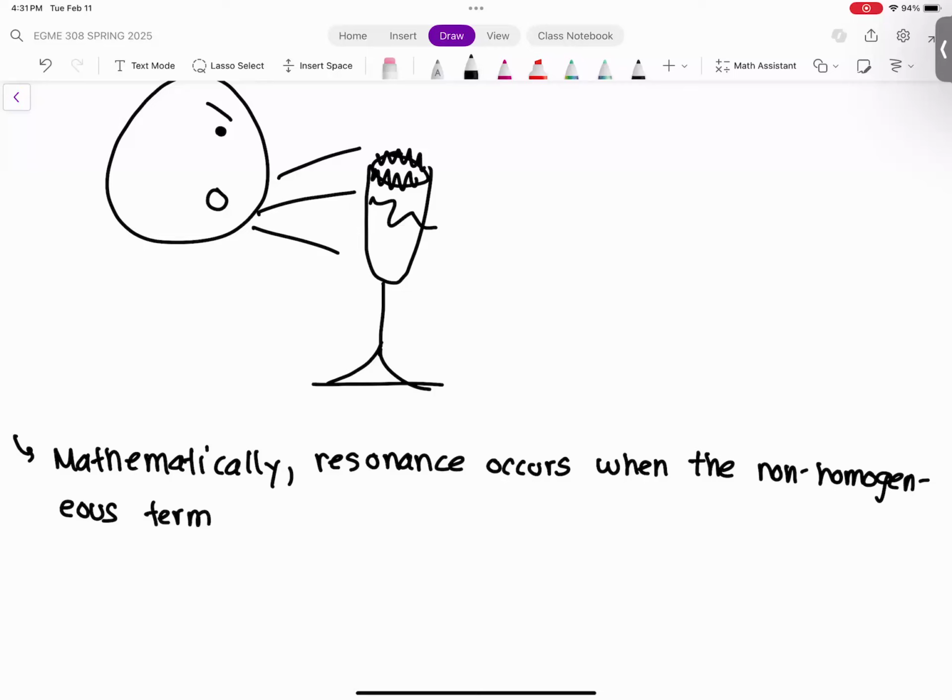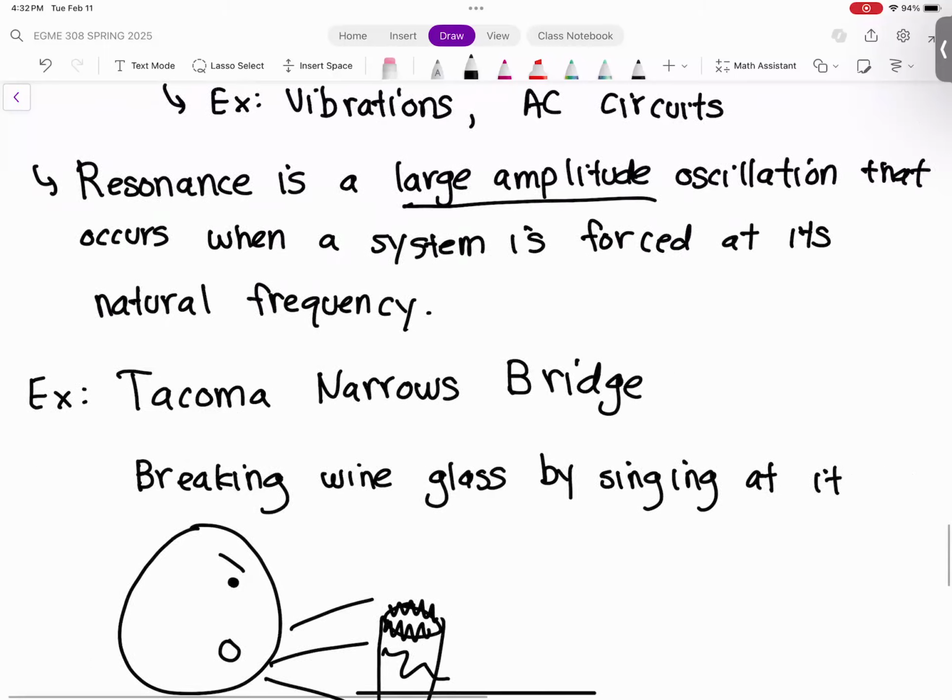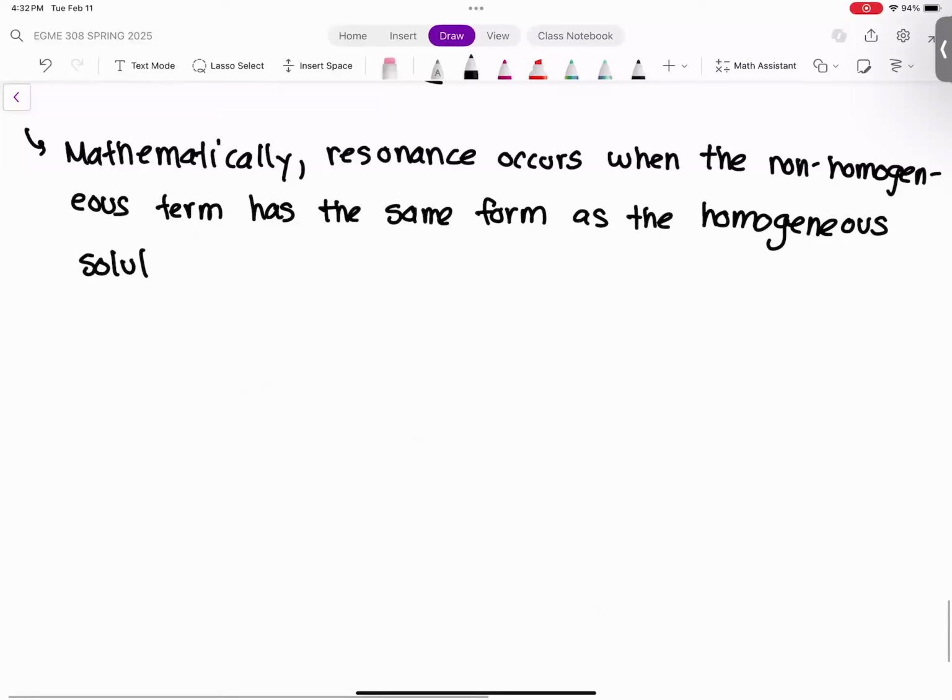So when the non-homogeneous term in a second order ordinary differential equation matches the form of the homogeneous solution, that's when resonance can occur.